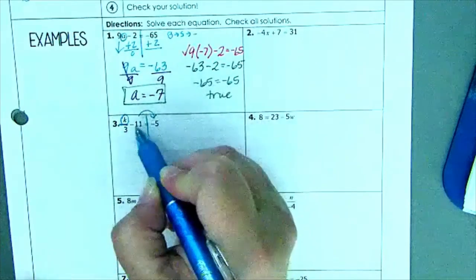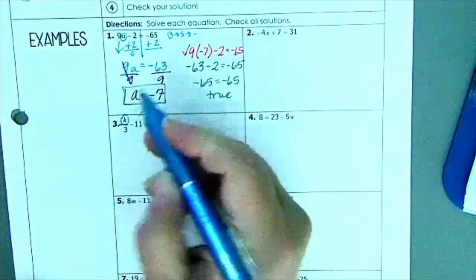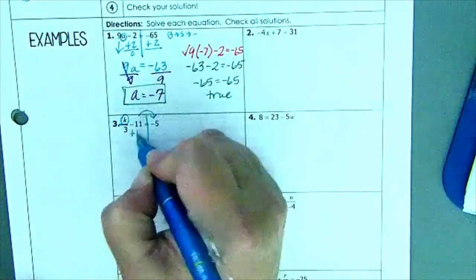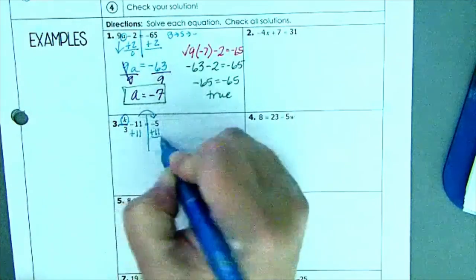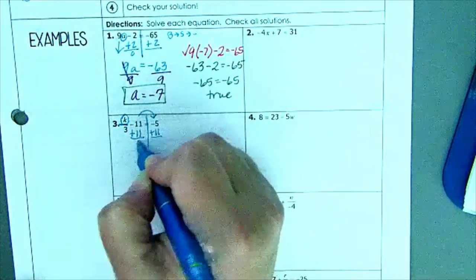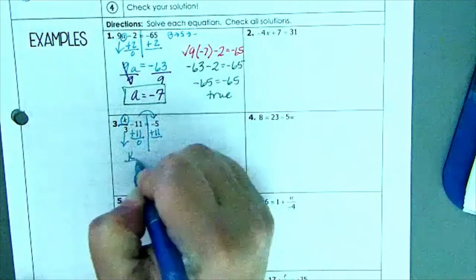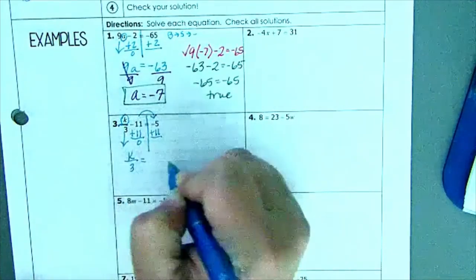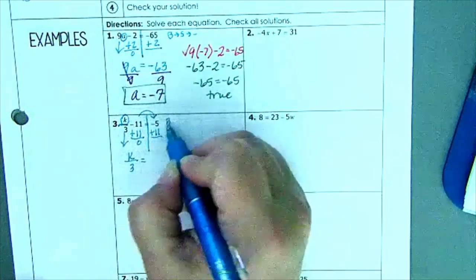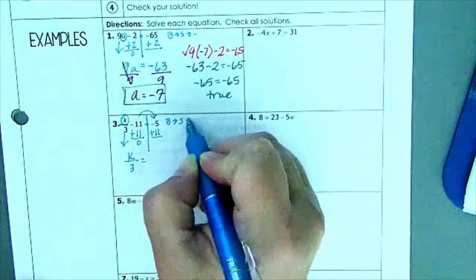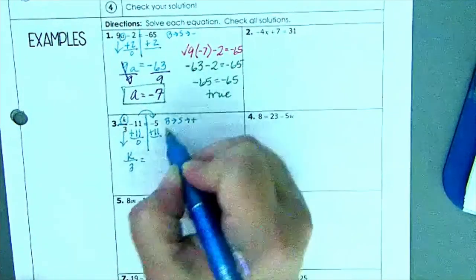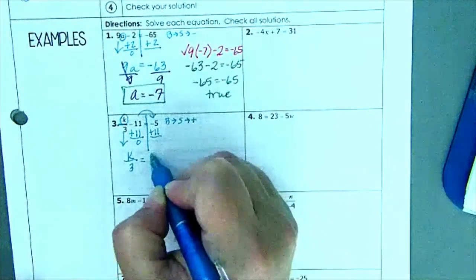So I ask, how is it connected? By subtraction. To make it equal 0, I'm going to add 11 to both sides. This now equals 0. I bring down the rest and I have K over 3 equals, now here I'm doing battle, subtract, the positives are winning here, so that's going to give me 6 as my answer.